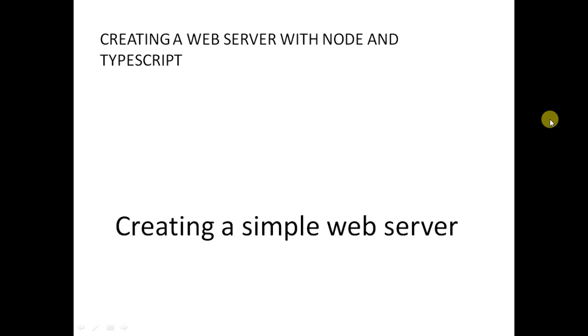Now, creating a simple web server. You will create a standalone Node application that will run as a server supporting all the Angular code examples. When both the server and client sides are ready, the project's directory will have the following structure.